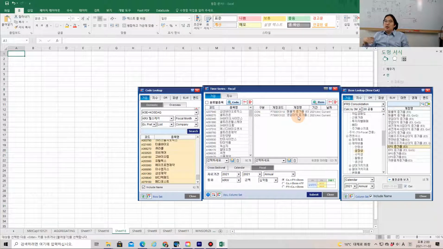Is it halving, right? Or is it doubling, or what? And plus, last year the net income was minus $1, but this year's net income will be positive $1. What's the growth rate? We cannot calculate that.